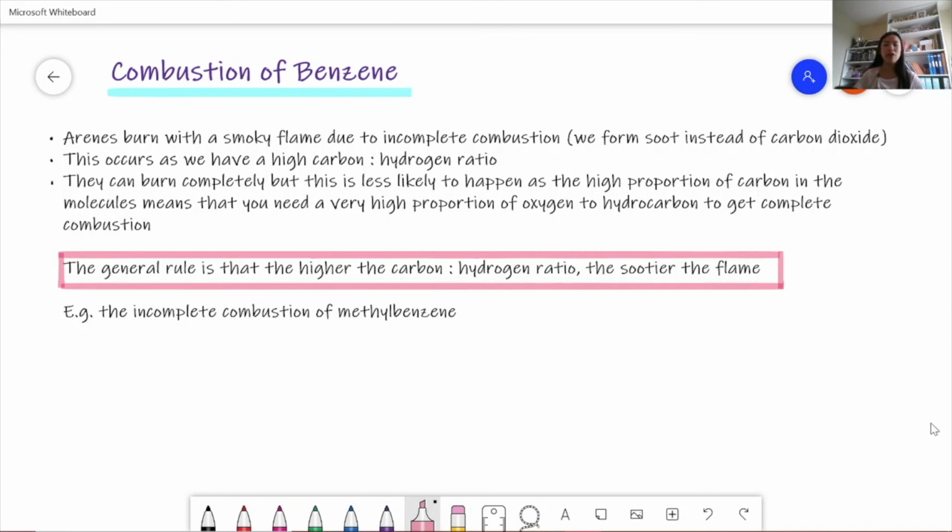So arenes burn with a smoky flame, and this is due to incomplete combustion. And so we form soot, which is carbon solid, instead of carbon dioxide when we burn things completely with enough oxygen. And this occurs as we have a really high carbon to hydrogen ratio.